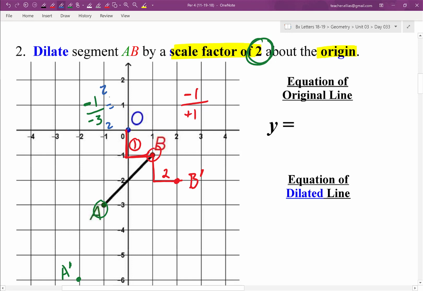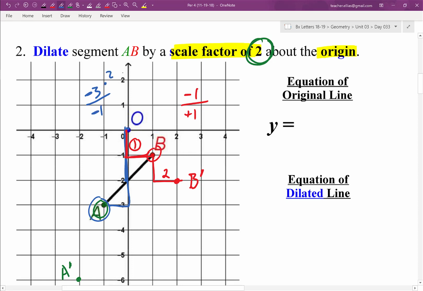So instead of going down 1, you're going down 2. Oh, yeah, I have that backwards. You're supposed to go down 3. To get to A, it's down 3 and then to the left 1.